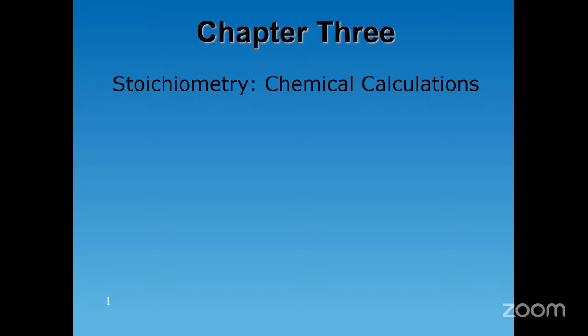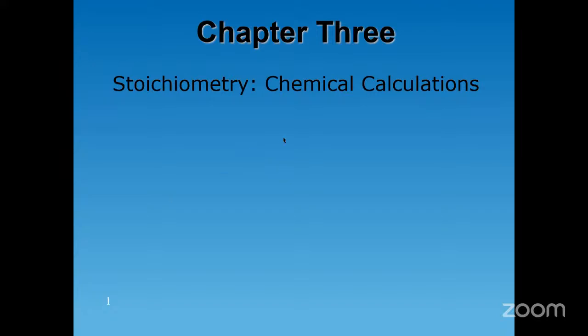So if you have a balanced equation for a reaction, and you know the amount of reactants that you are given to use to cause the reaction, then you can calculate how much product you expect to get. Or vice versa. If you want a certain amount of product, you can work backwards to determine how much reactant you're going to need in order to get that much product. All right, so that's basically what stoichiometry is all about.